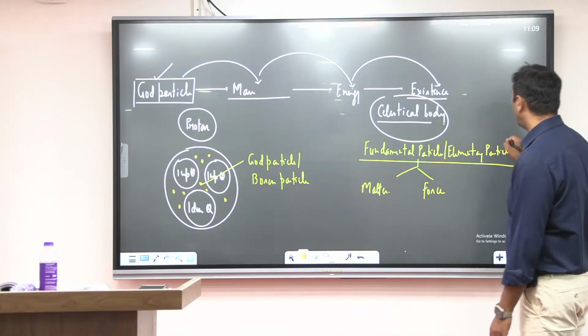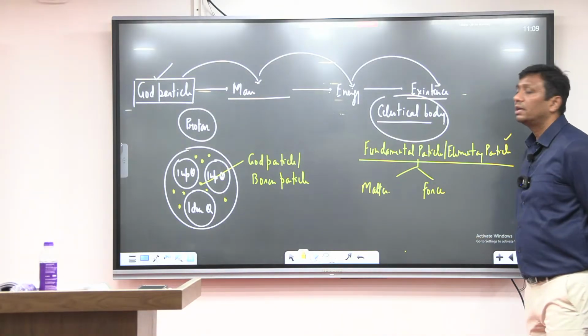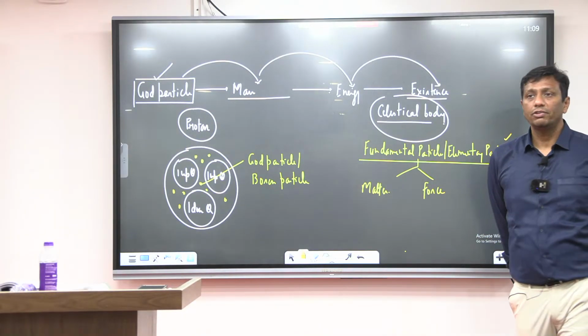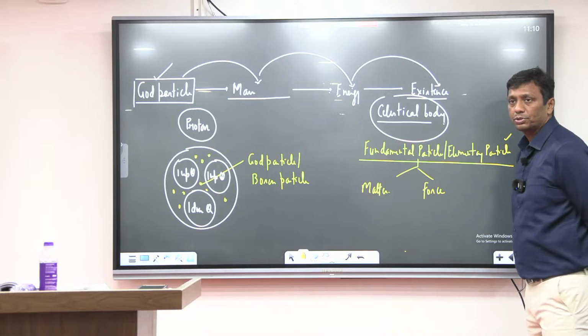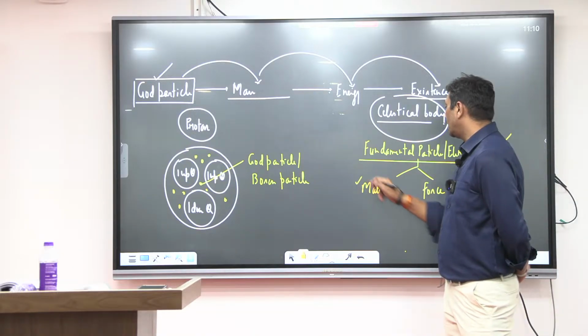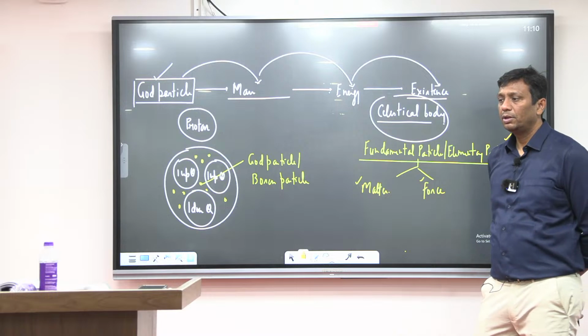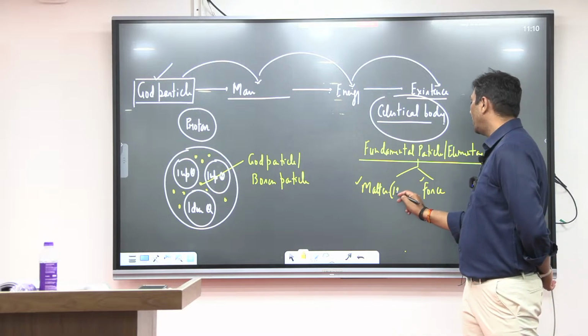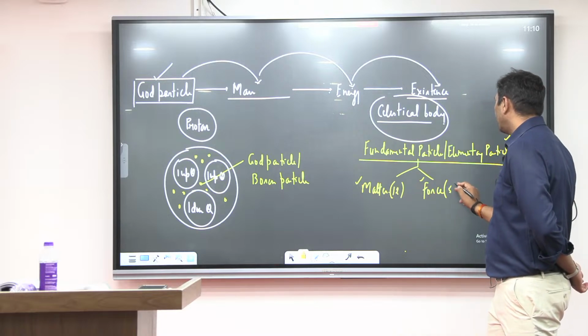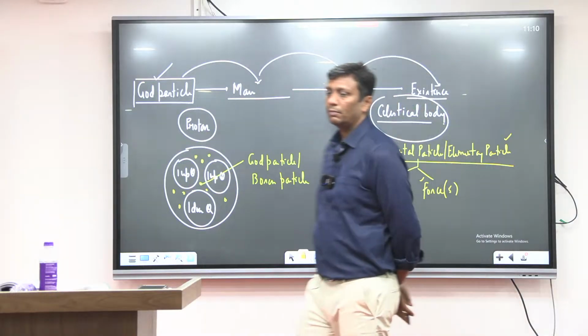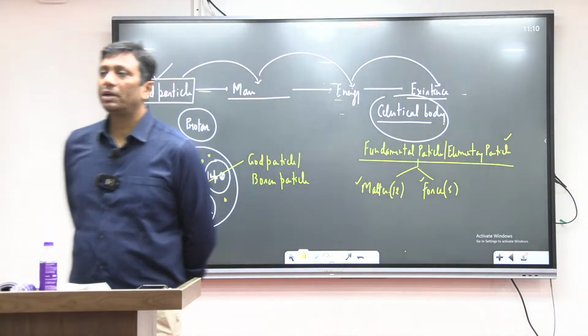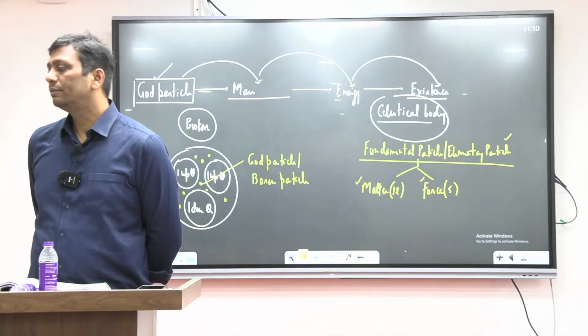Those 17 fundamental particles or elementary particles discovered in modern physics are divided into 2 groups. Total matter particles are 12 and total force particles are 5.